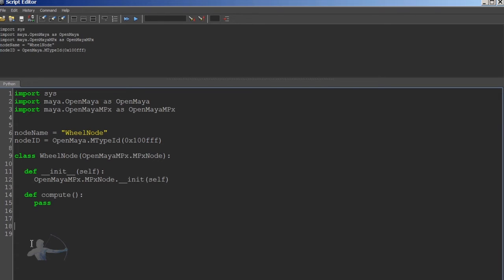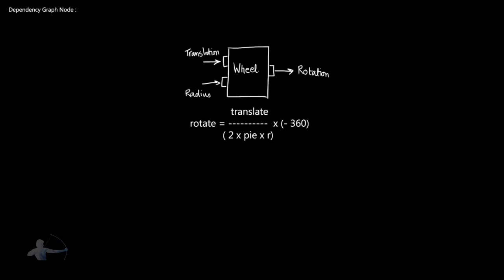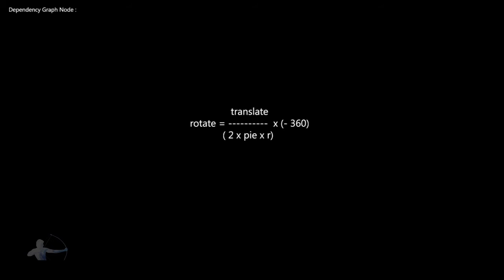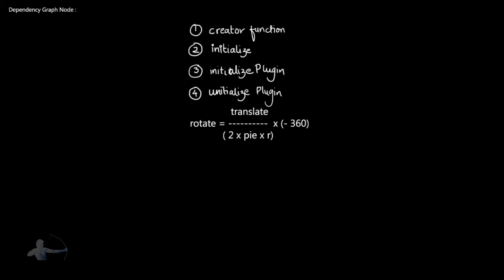And then we discussed that we would need 4 different things, which are the creator function, initialize, uninitialize plugin, and initialize plugin. So first we would create these 2 functions, the creator function and the initialize function.